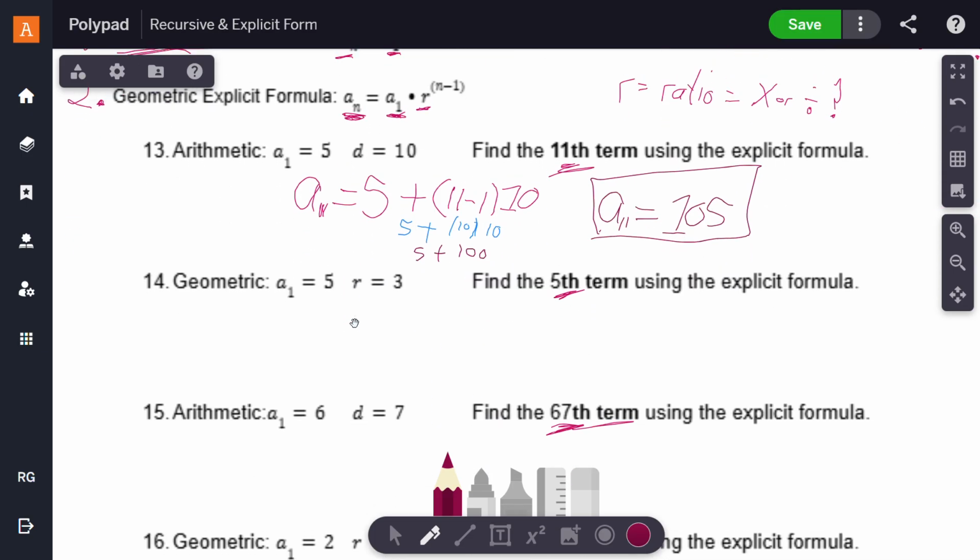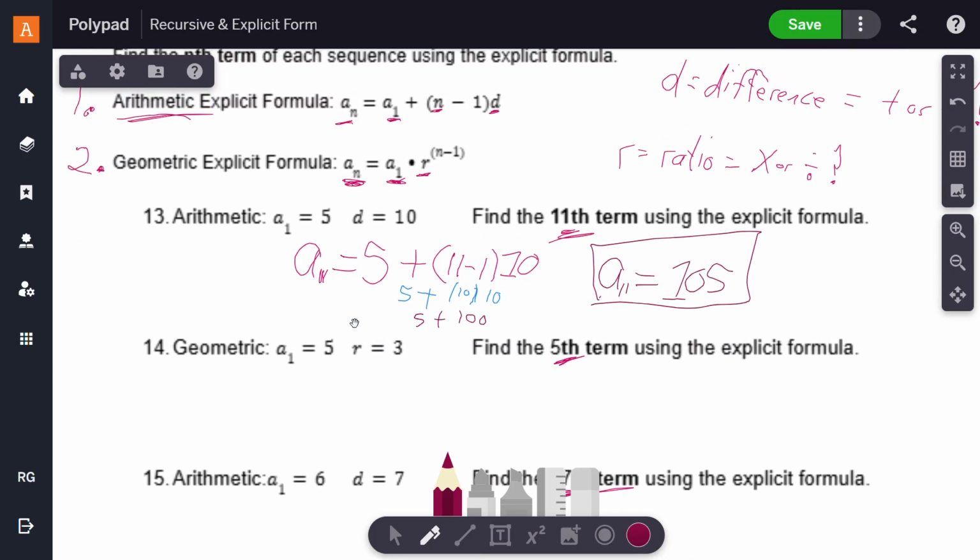For a geometric sequence, it's pretty much the same, but instead of plugging in the difference, what are you adding or subtracting by, you'll be plugging in the ratio, which is what are you multiplying or dividing by. So again, to find the an, any term that we're looking for, in this case the 5th term, A5 is going to be equal to the first term.